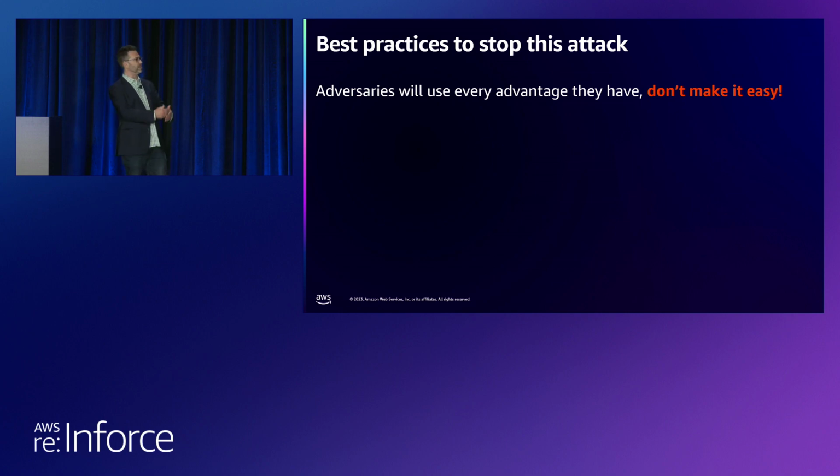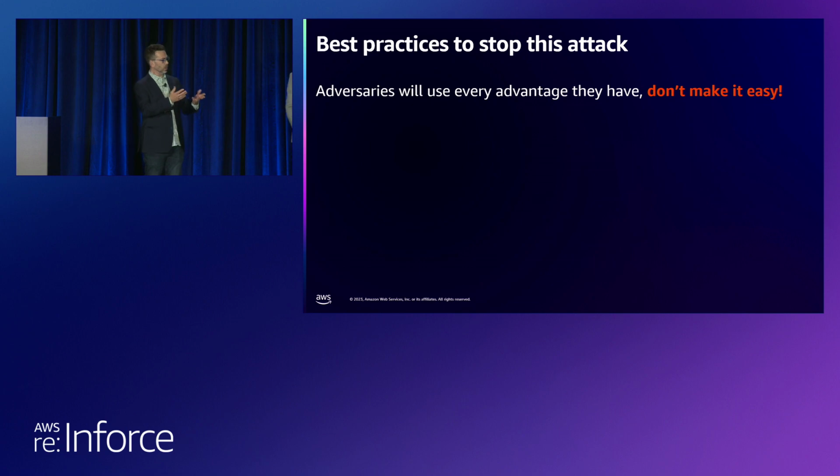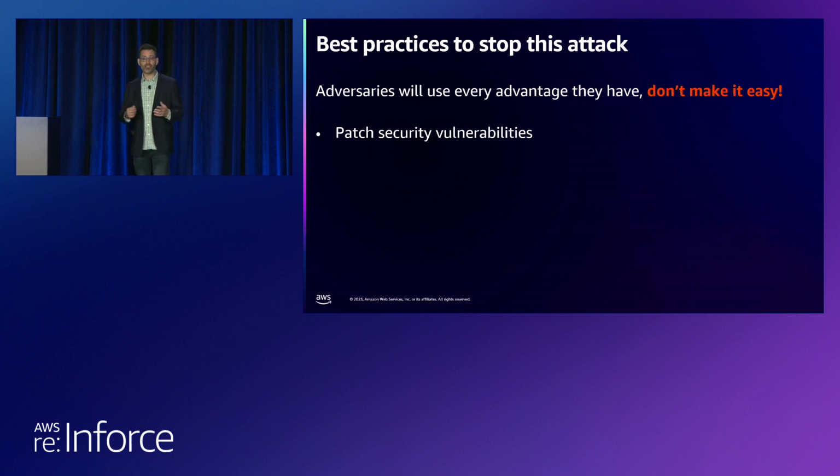There are established attack sequences. Maybe the specifics change, but the attack sequences are essentially the same. So what response, what tools, what practices you use to protect against one attack is going to protect you against most attacks. The key here is don't make it easy for the adversary.